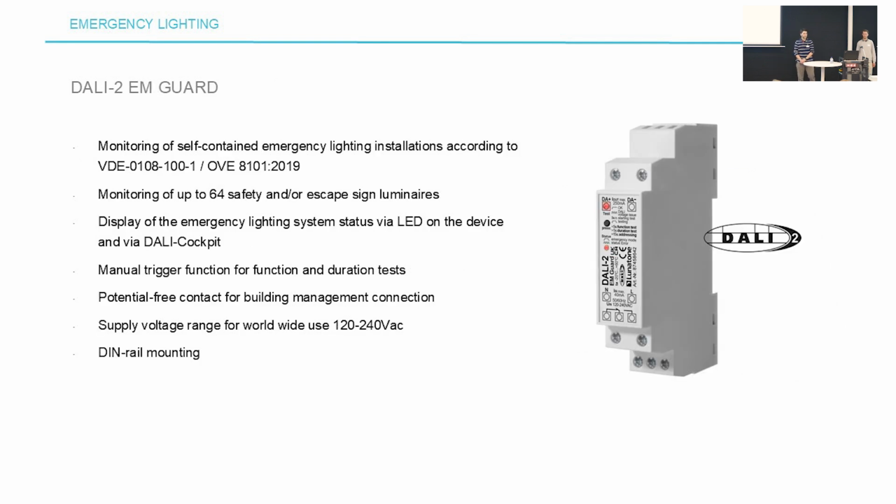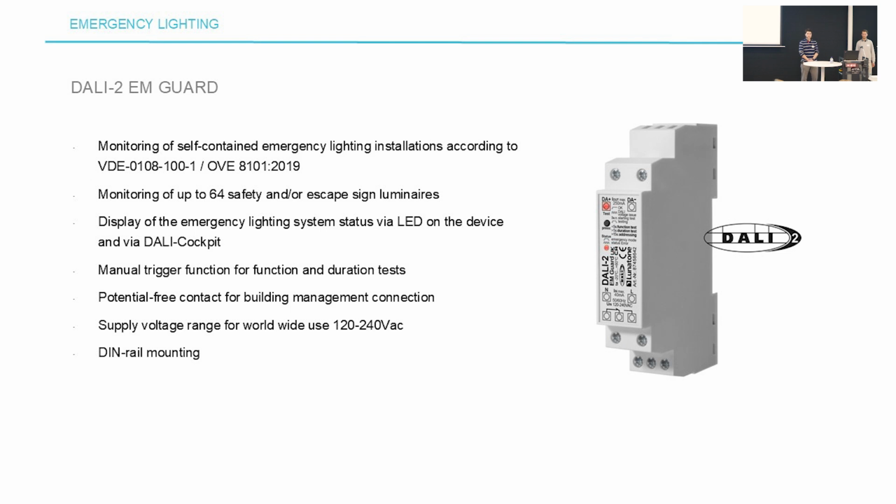The DALI 2 EM Guard is a monitoring device for self-contained emergency luminaires. It works with the standards of VDE and OVE, which are important emergency standards in Germany and Austria.